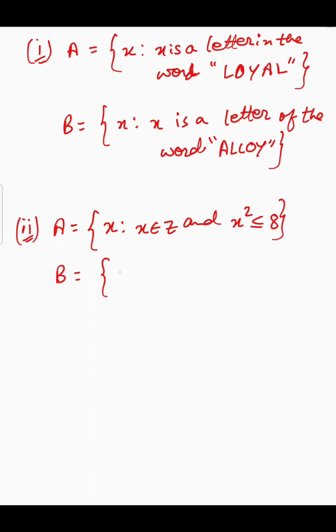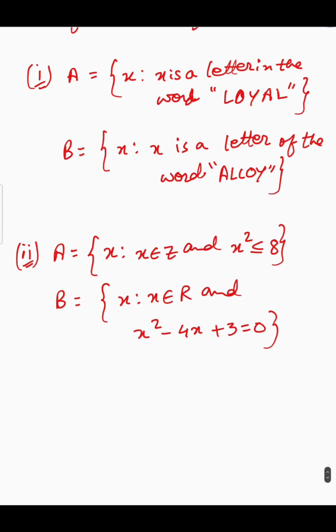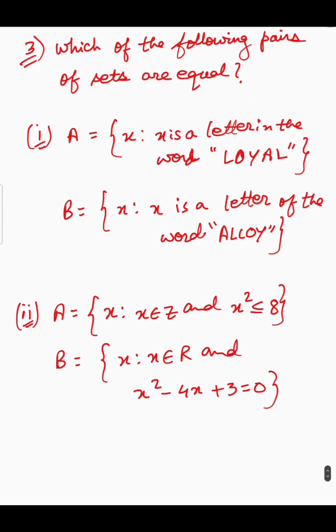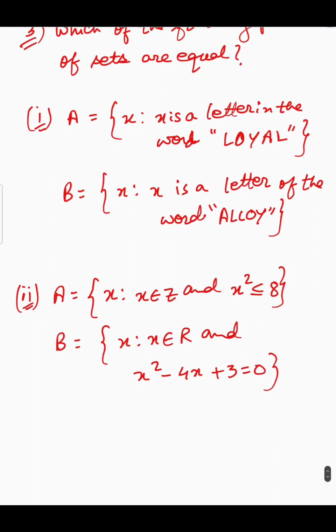Set B is equal to the set of x such that x belongs to real numbers and x square minus 4x plus 3 is equal to 0. Try these questions. Okay, so let's try to solve these questions.